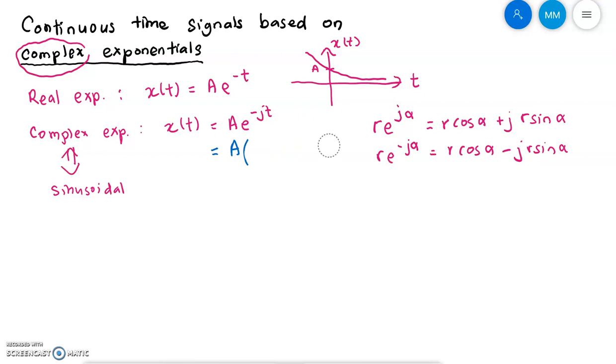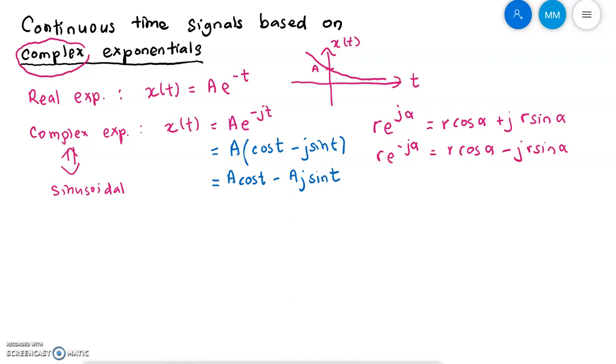We have cos t, not cos jt, we just take the constant of this t. And when we open this factor, we have a cos t minus a j sin t.